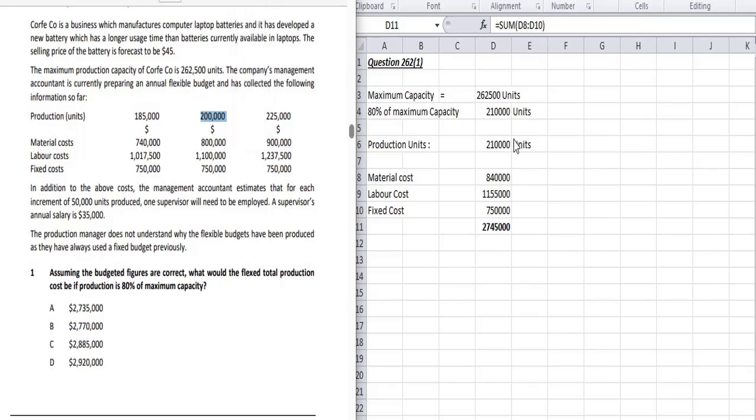But 210,000 is more than 200,000, which means one more supervisor will be required. So altogether we need 5 supervisors. So the supervisor cost will be 5 into 35,000. Now our total cost of production, adding these two, we will get 2,920,000.